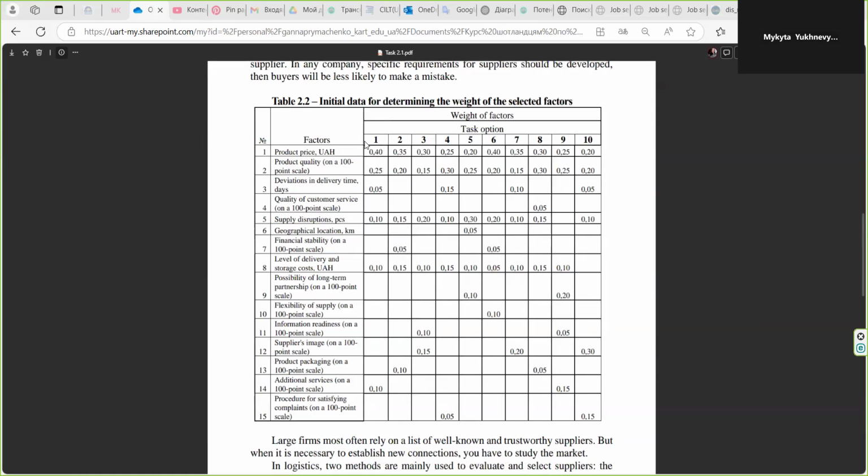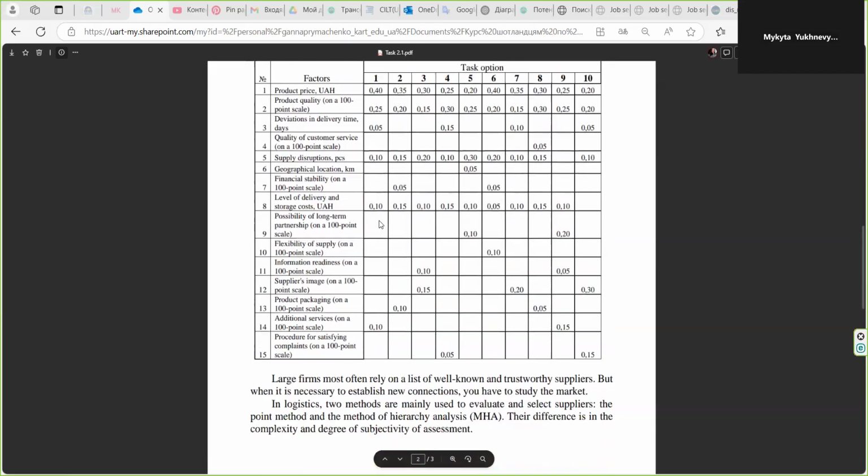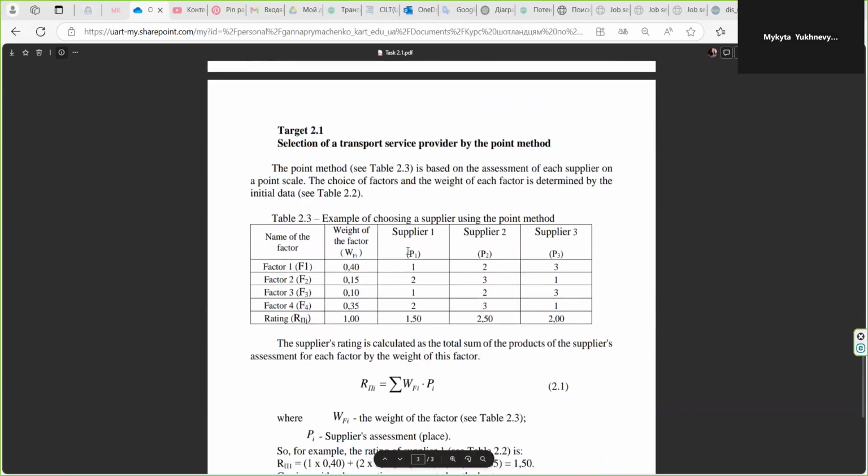The first will be 0.30, the second 0.25, 0.05 and others. So it is your second column in this table. The sum of all the weights of the factors will be 1. So you could check it and write that it will be 1.